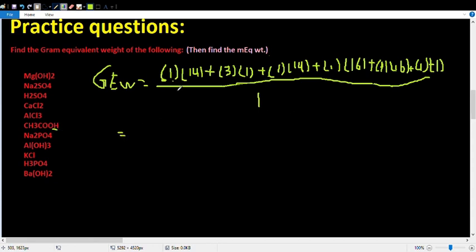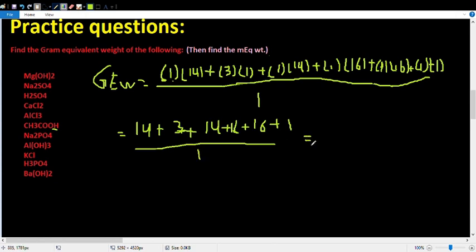So in order to calculate, 1 times 14 will be equal to 14, then plus 3 times 1 equals to 3, tapos plus yung 14 na naman, tapos plus 16, plus 16, plus ano na naman, 1, tapos divided by 1.